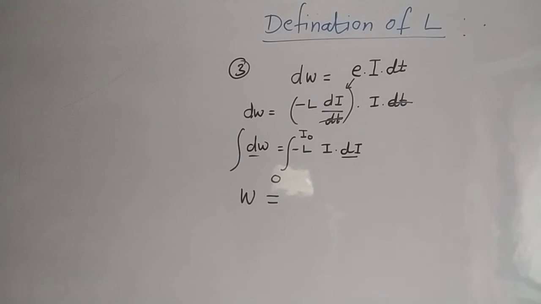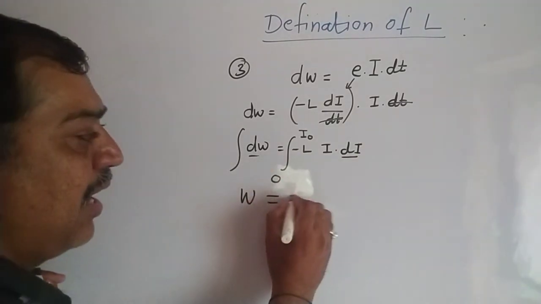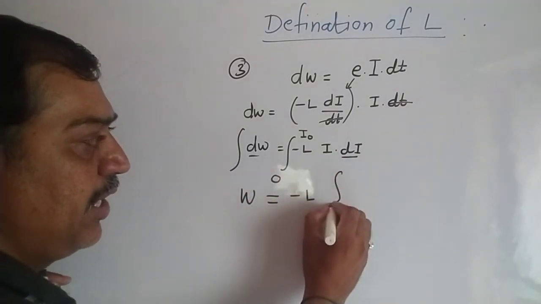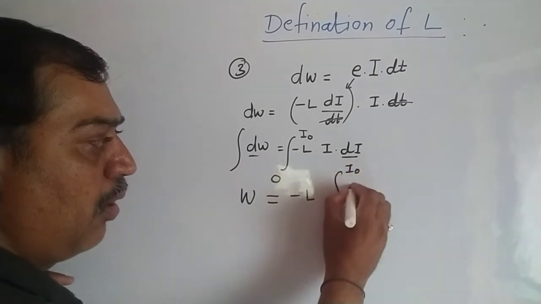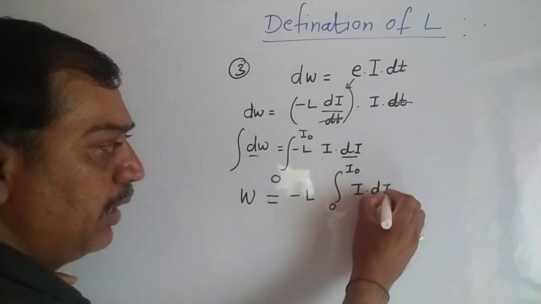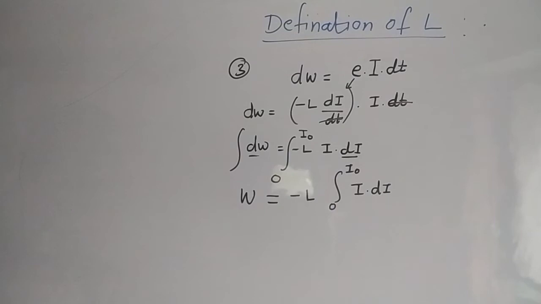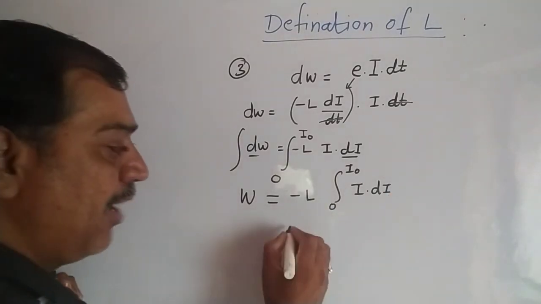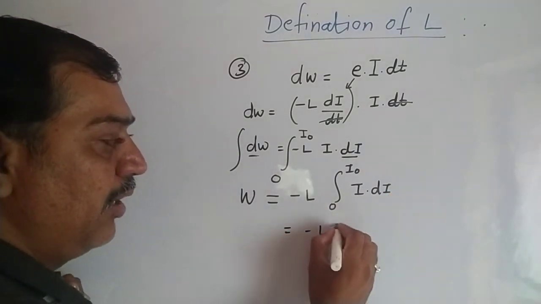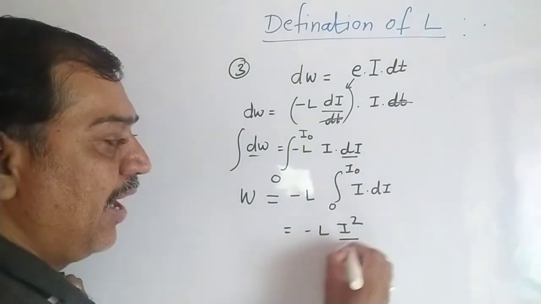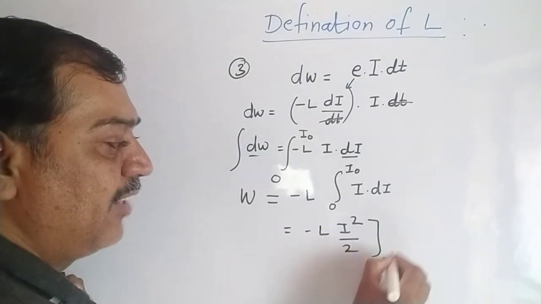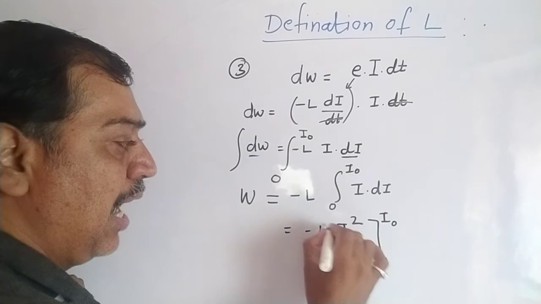Minus L is a constant, take it outside: the integration from 0 to I0 of I into di. The integration of I is I square divided by 2, so minus L into I square by 2, with limits from 0 to I0.